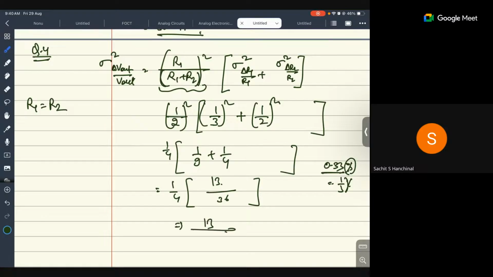So that is 13 divided by 4 into 36, so 13 divided by 4 divided by 36, that is 0.090%.